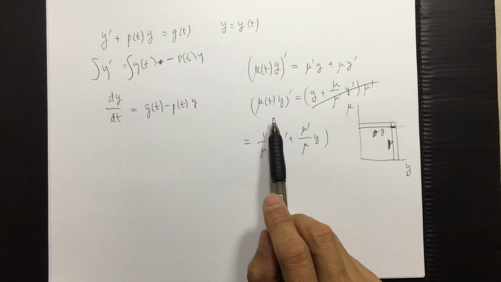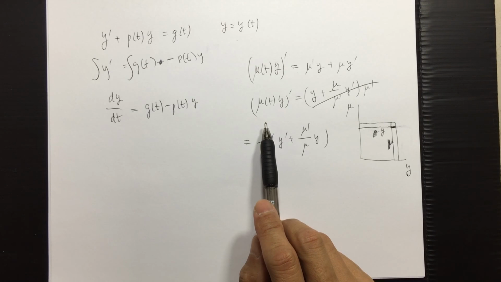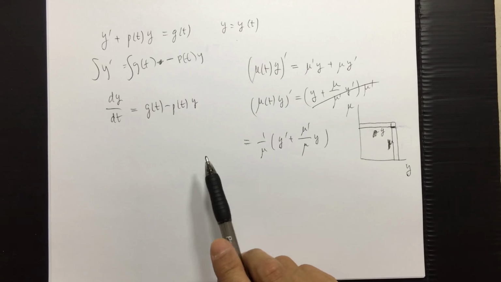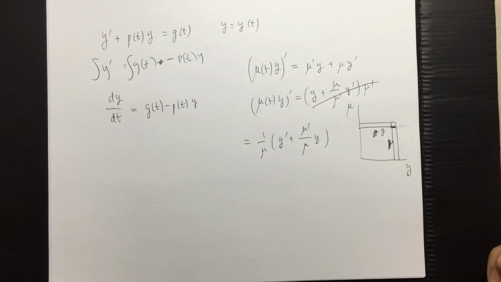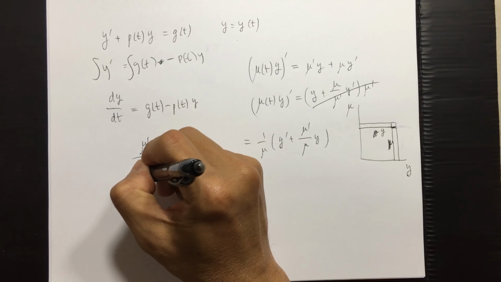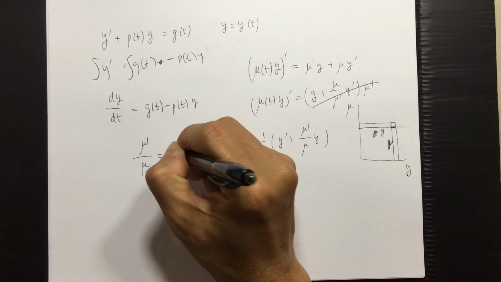If we can put it back in, so to speak, this will work. Then this becomes the same thing. The y prime equals some t's. You don't care about t's. So now, for this to happen, we need mu prime divided by mu equals to p.